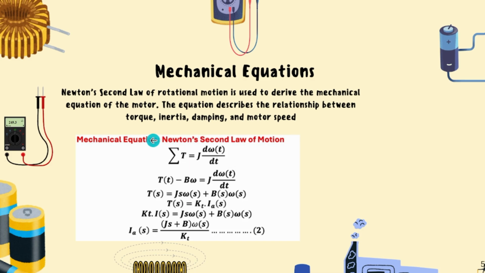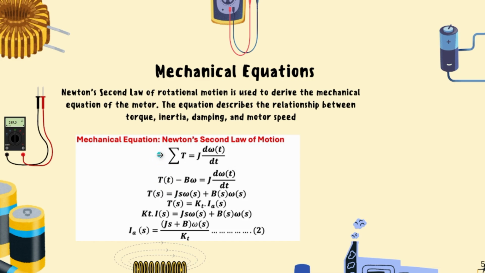In this slide, we derive the mechanical equation of the DC motor using Newton's second law of rotational motion. This equation describes the relationship between torque, inertia, damping, and motor speed.